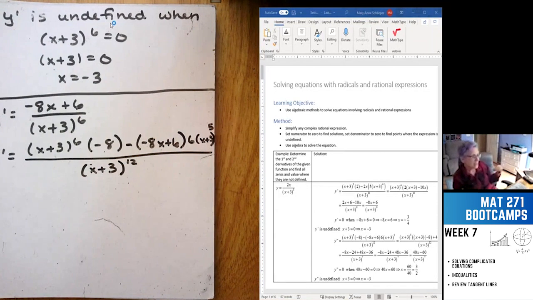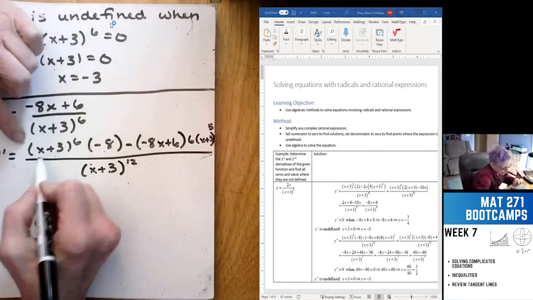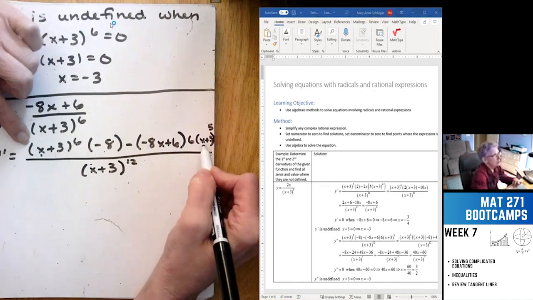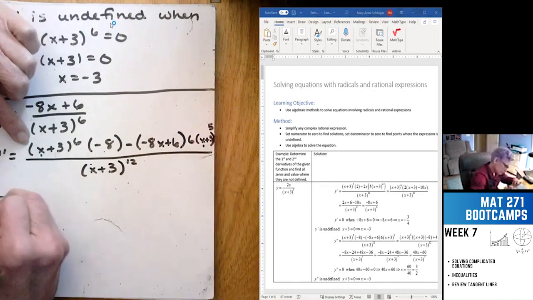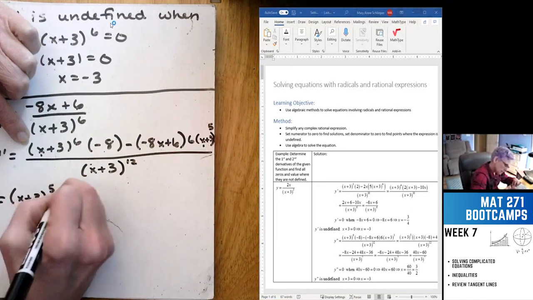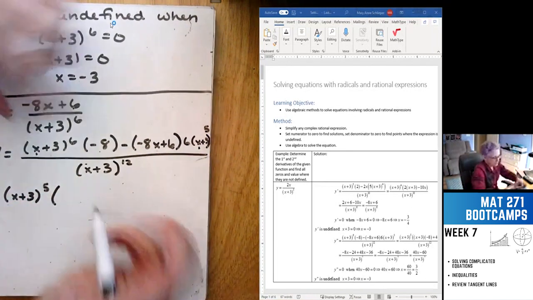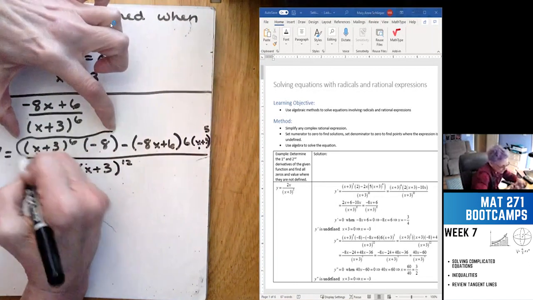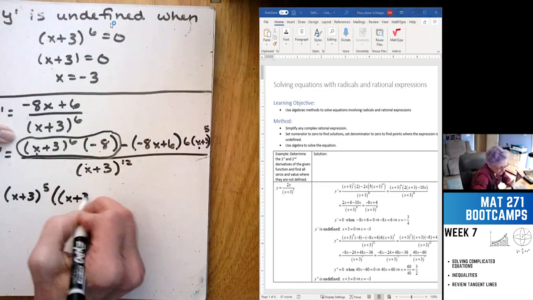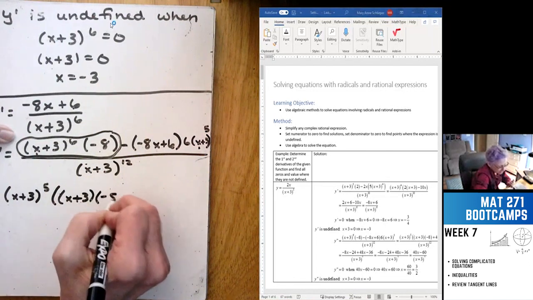So we're going to do that same little trick again. That's why I chose this problem, because that little trick works quite often. We have an (x+3)^6 power and (x+3)^5 power. So I'm going to pull out (x+3)^5. Now from this first little unit here, I'm left with an x+3 and a minus 8.